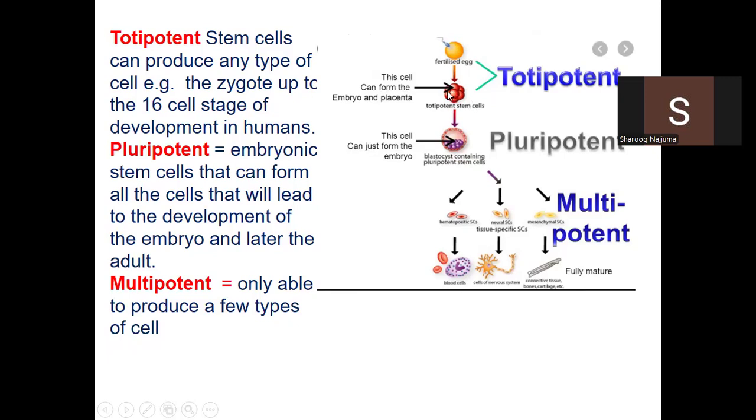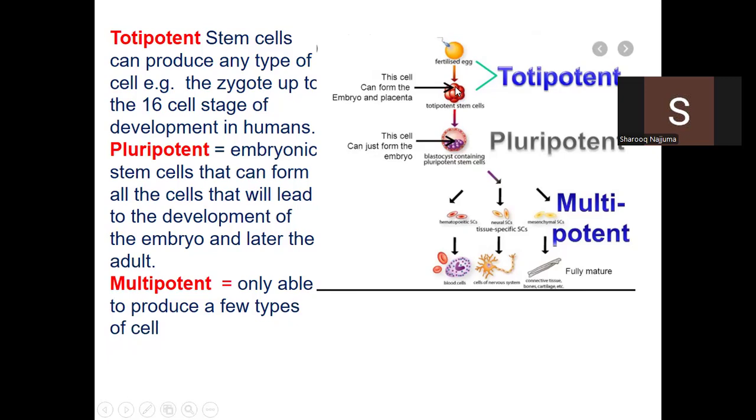That is how even identical twins are made. So as long as the zygote has divided up to the 4 cell stage, 8 cell stage, or 16 cell stage, any of those cells, if it breaks off, it can also still have the ability to form a whole human being. So that is how identical twins are formed.